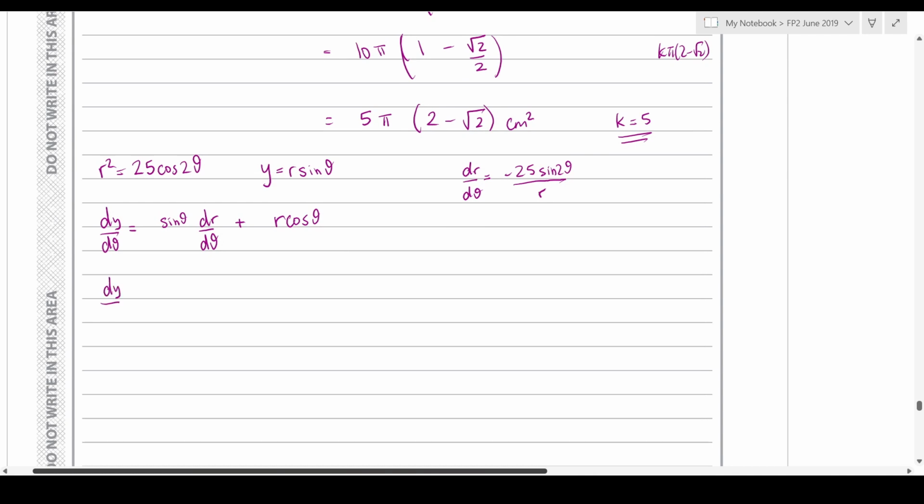So I've got dy by d theta going to be equal to minus 25 sine theta sine 2 theta all over r plus r cos theta, which is going to be 0 at a maximum.